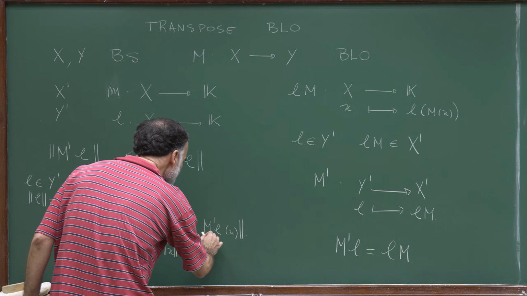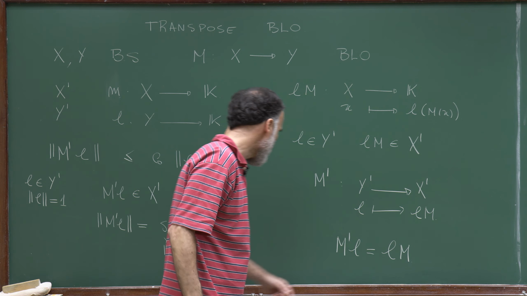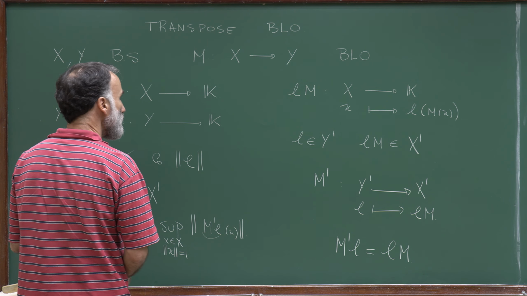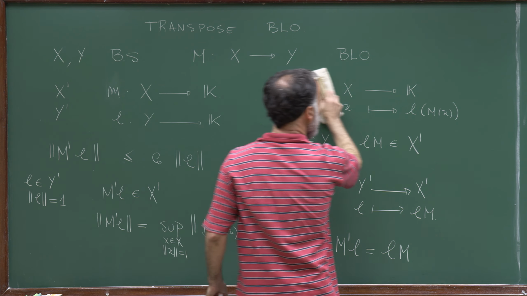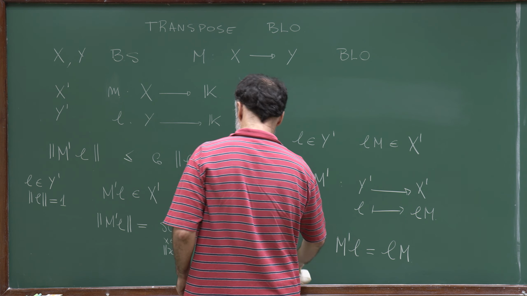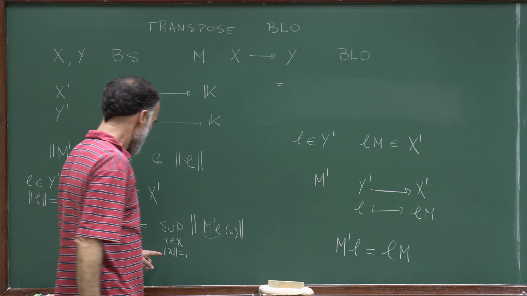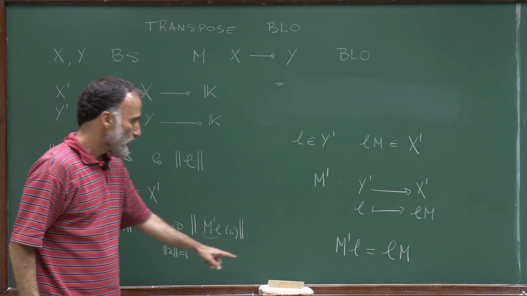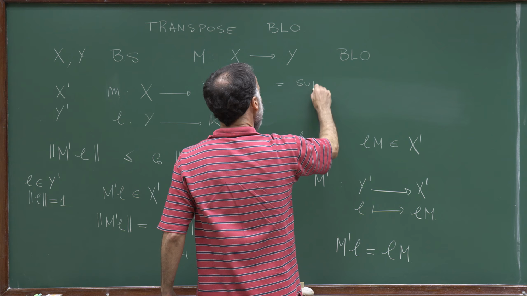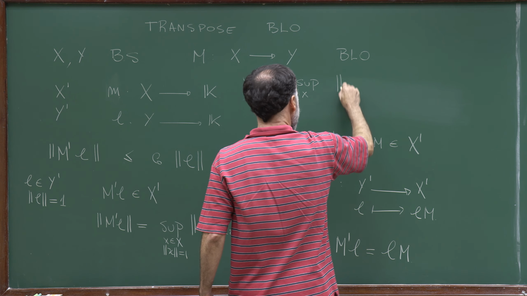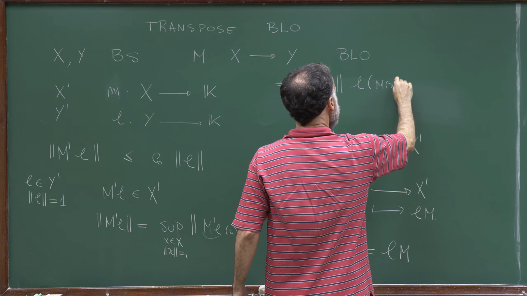Now, by definition of M prime L, it's equal to L∘M. So this is the supremum, and let me continue the computation over here. So M prime L is equal to L∘M. So this is the supremum over x of L of Mx.